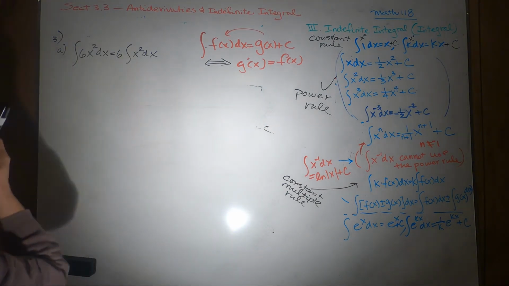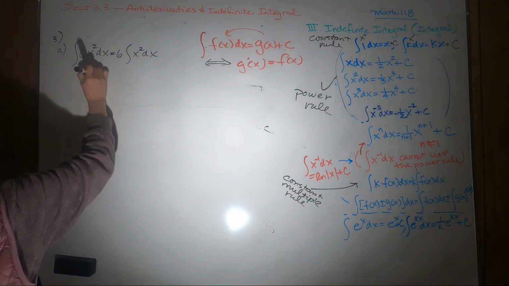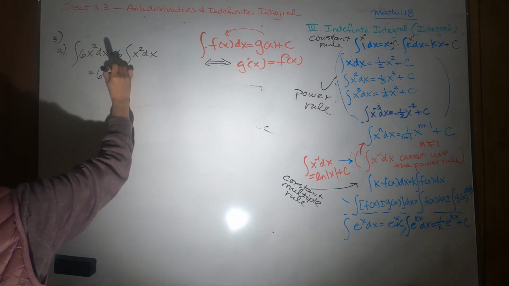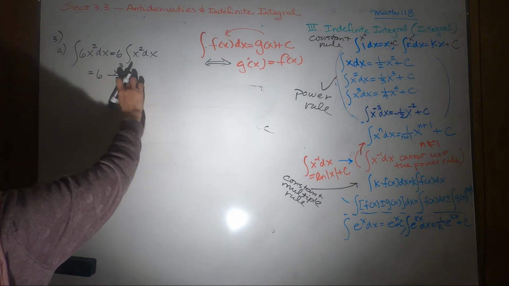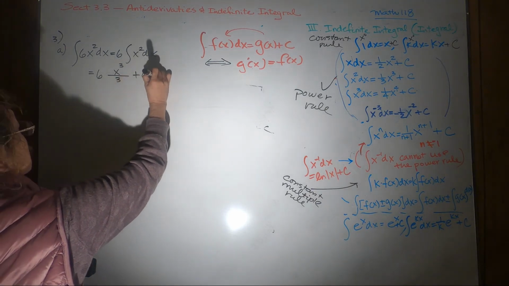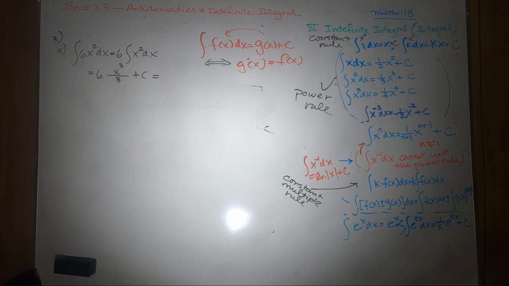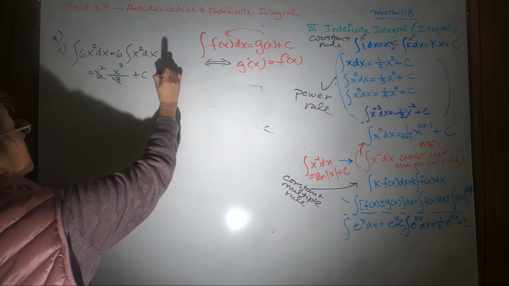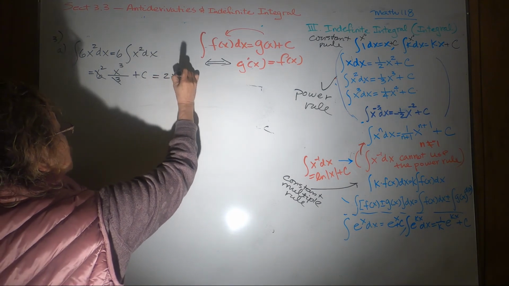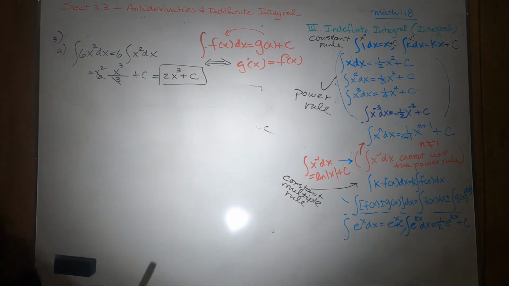Yes, because the power is not -1. So I go a level higher, then divide by that level, then plus an arbitrary constant. Then we clean up. We have 2x cubed plus c. That's how we use the constant multiple rule.